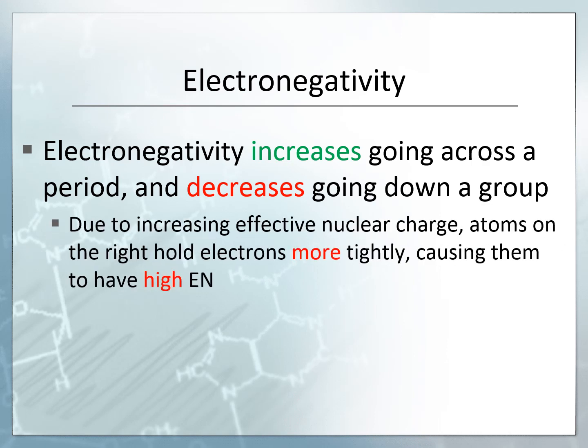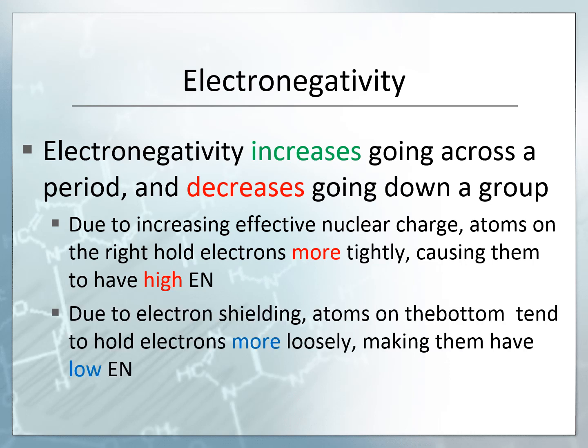Across a period, due to the increasing effective nuclear charge, atoms on the right hold electrons more tightly, causing them to have higher electronegativity. Down a group, due to the electron shielding effect, atoms at the bottom tend to hold electrons more loosely, making them have lower electronegativity.